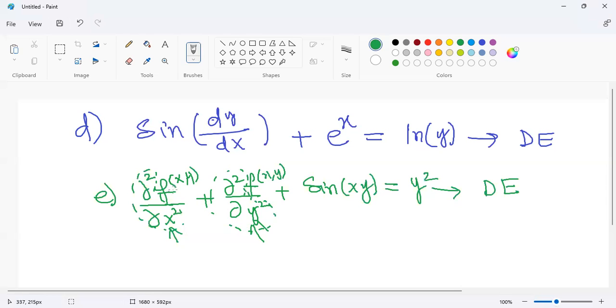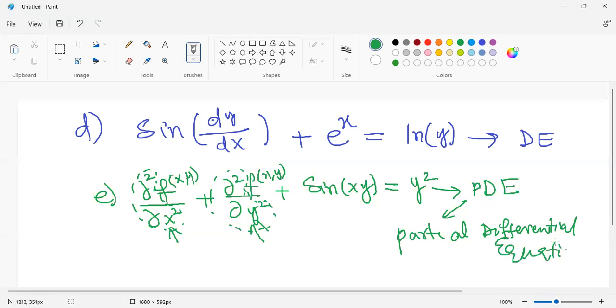Such types of differential equations, where you involve functions of more than one variable, or you can say where you involve partial derivatives, are called PDEs. It's itself a very interesting course, partial differential equations.